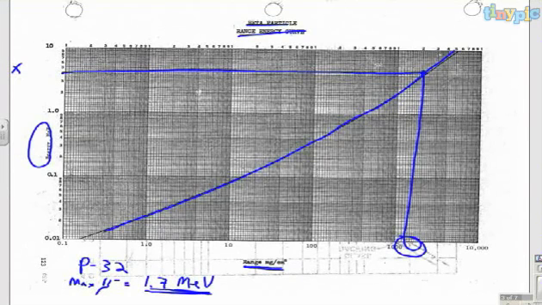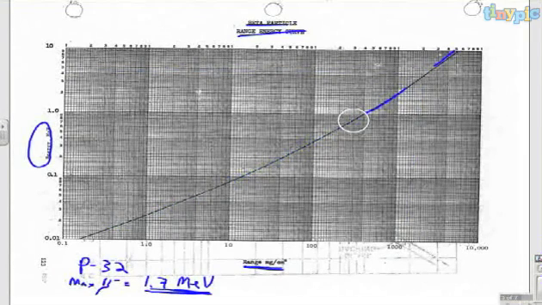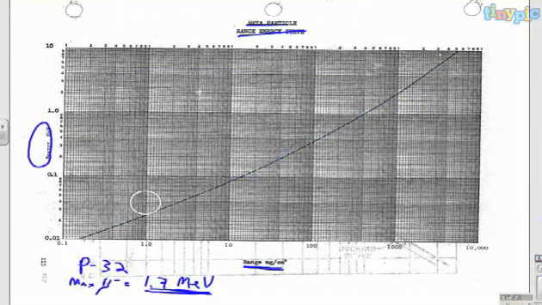Now, I didn't do that in the right place, so I'm going to erase those now, but that's the general idea: we're going to go in on the energy side and figure out where this 1.7 MeVs intersects with that line. But the first problem is, where is 1.7 on this graph?